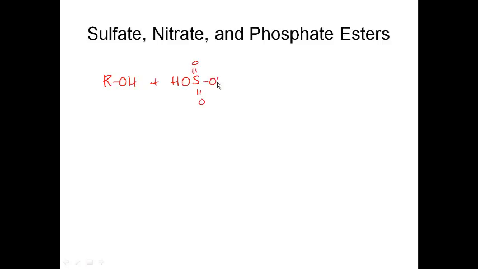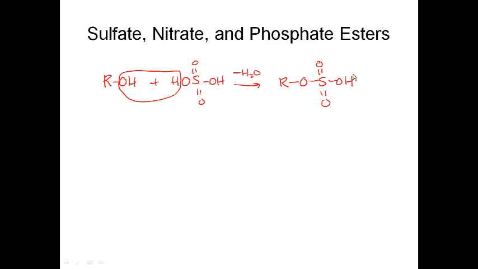H2SO4 looks like this. And so one of the things you could say is, well, couldn't we just very easily take and lose water here to then give us our sulfate ester?